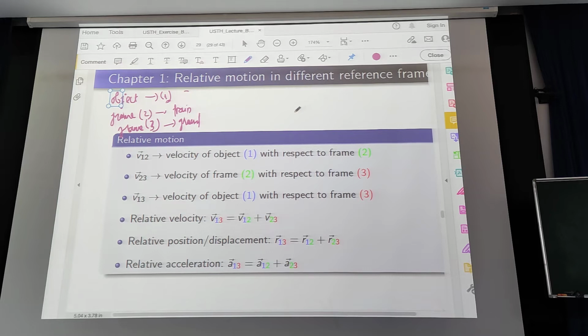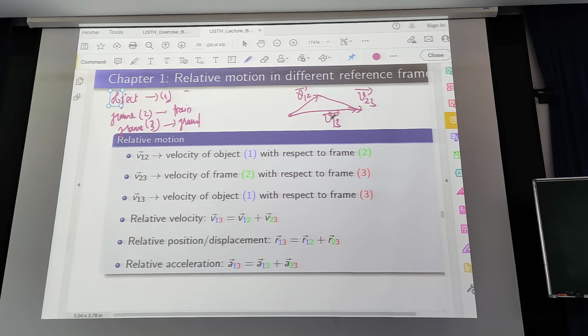For example, V12 is pointing along this direction, and V23 along this direction. Then the velocity of object 1 with respect to frame 3 is this vector, V13. Okay? That is the way.